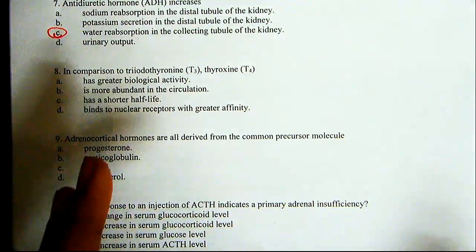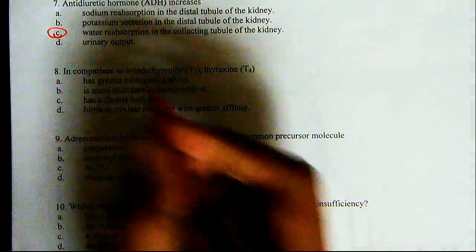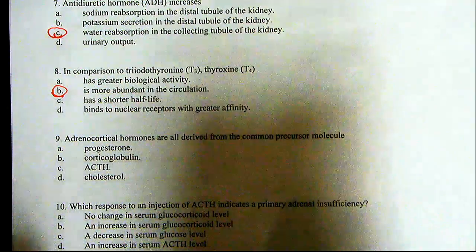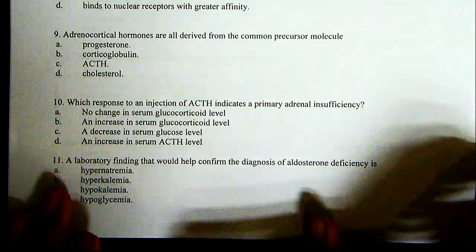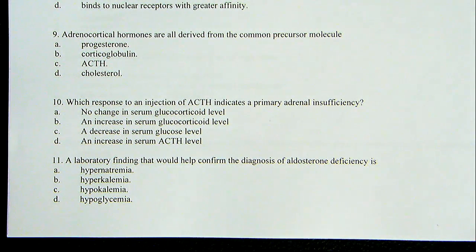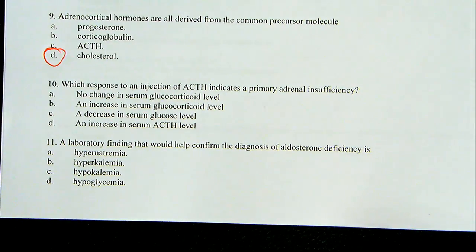In comparison to T3, T4 is, yes, it is more abundant in circulation. Number 9. Adrenocortical hormones are all derived from the common precursor molecule E. 10.